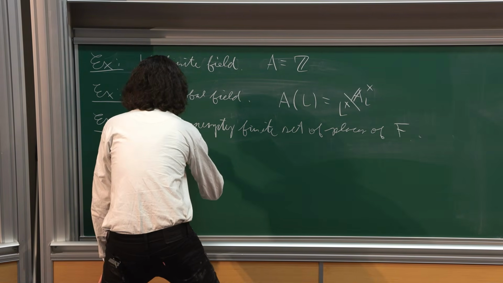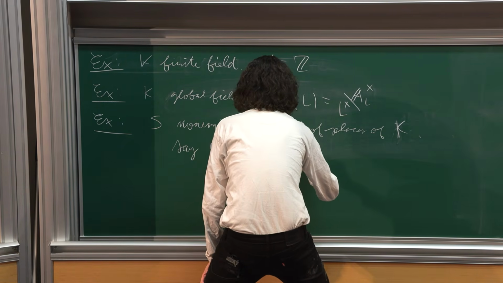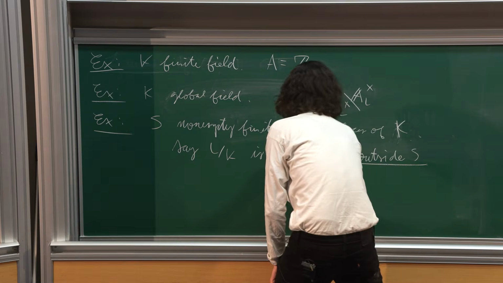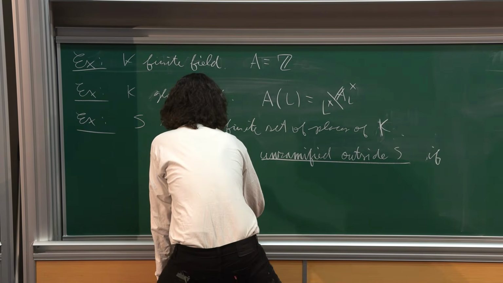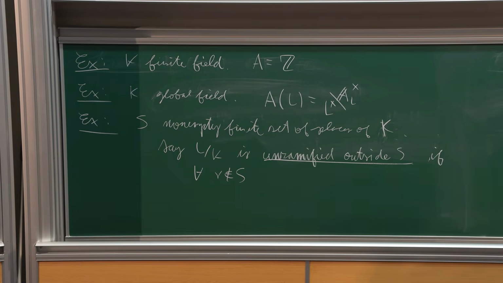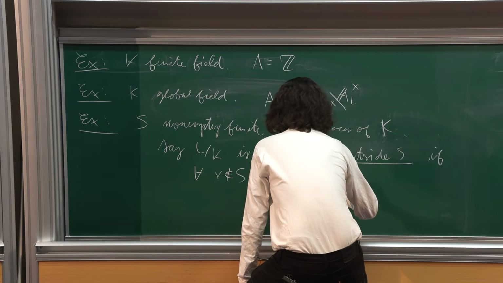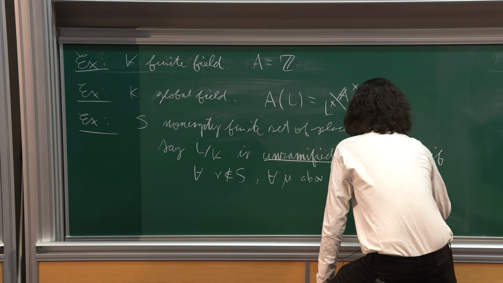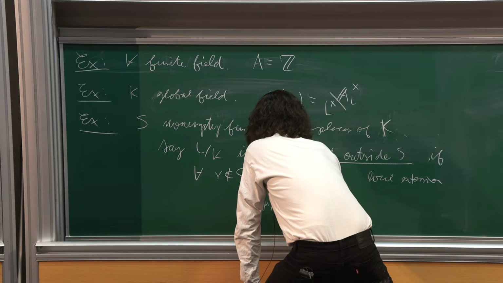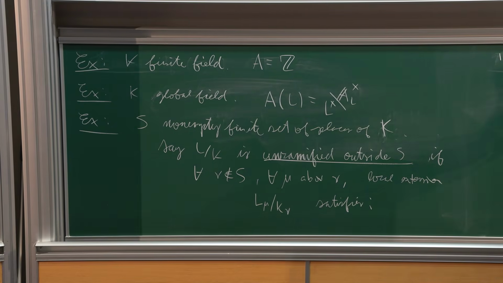Say L over K is unramified outside S if for all places mu which are not in S, a place of the ground field K which is not in S, and for all nu above mu, the local field extension L_nu over K_nu satisfies the following conditions.